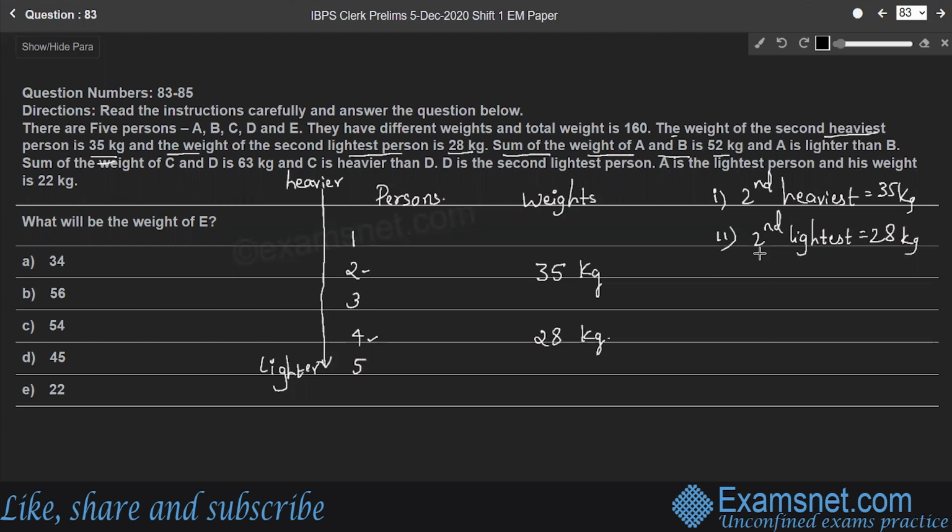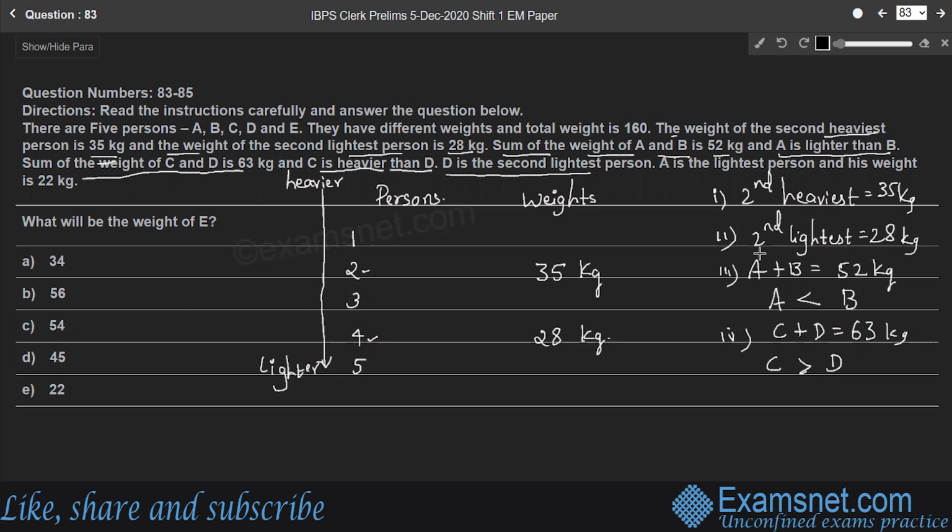So A plus B is equal to 52 kg and A is lighter than B, which means A's weight is less than B's. And also, fourth point, the sum of the weights of C and D is 63 kg. C plus D is 63 kg and C is heavier than D. That is, C's weight is greater than D's weight. And D is the second lightest person. Fifth point is D is second lightest.